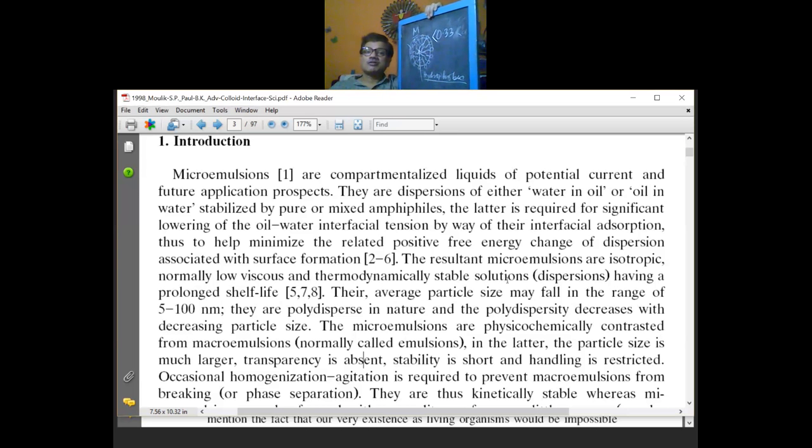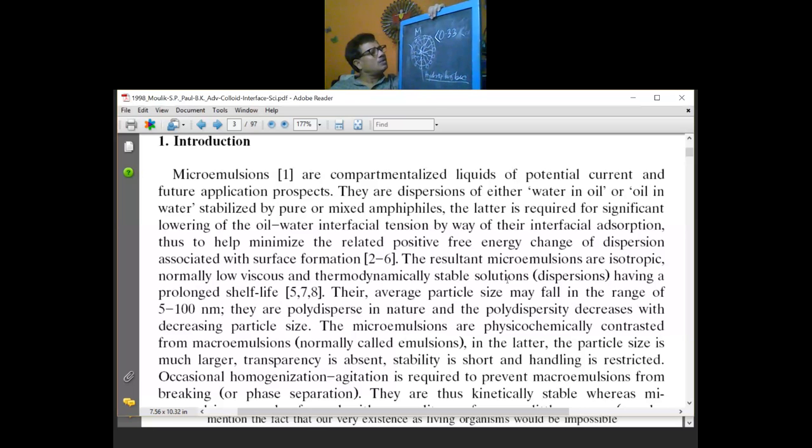So what should be the characteristics of a detergent? It should have a lower CMC. The surfactant molecule should be such that it does not cause too much environmental pollution, and it is easily washable.